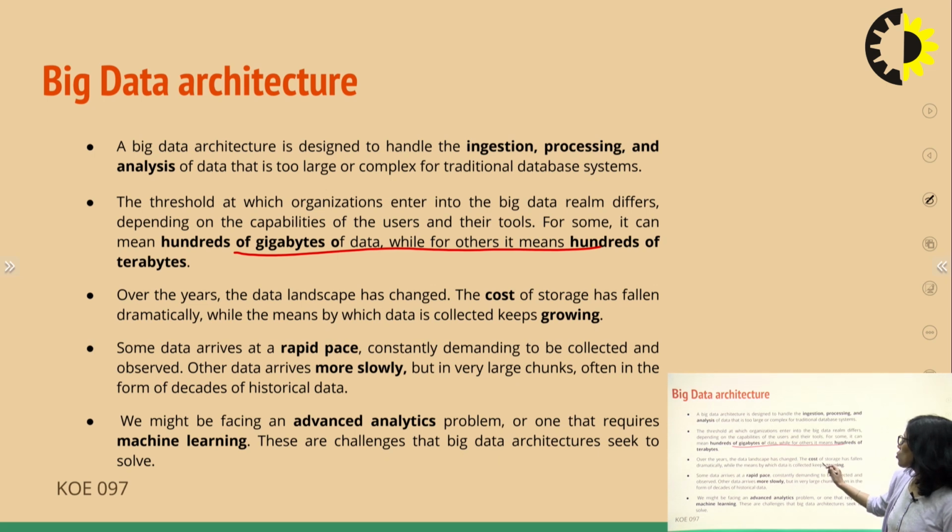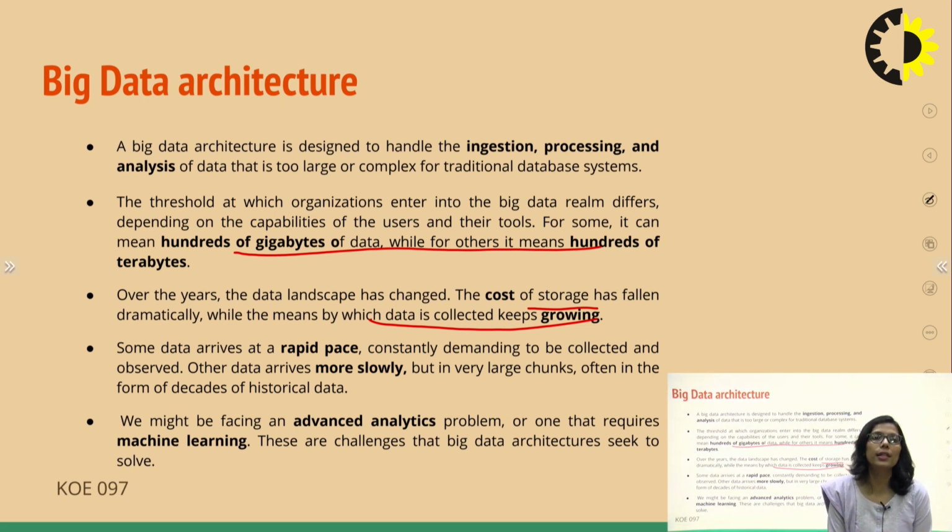Next, the cost of storage has fallen dramatically, by which we mean the data collected keeps growing. Since the storage cost of hardware is reducing, we can store as much data as we want. Next, some data arrives at a rapid pace, whereas some data can be at a slow pace.